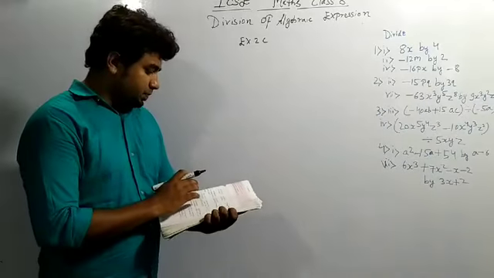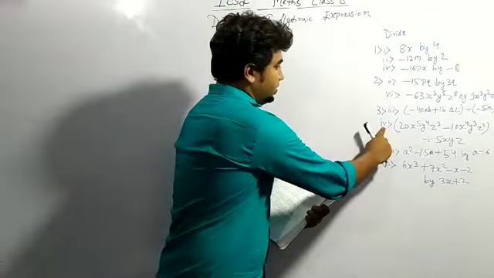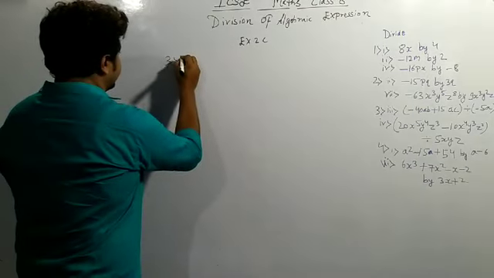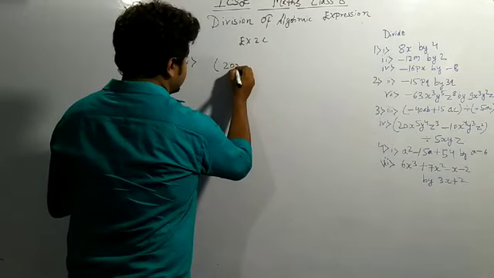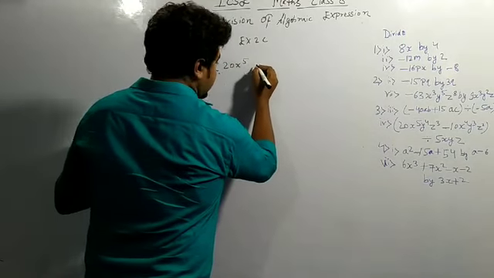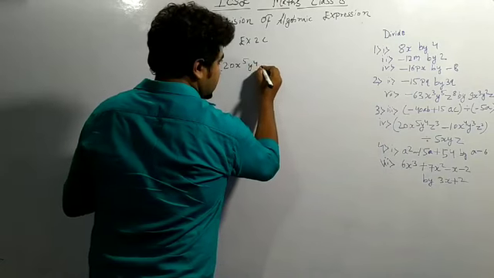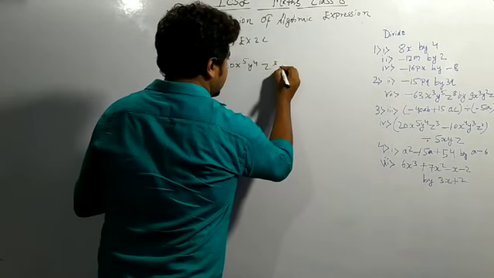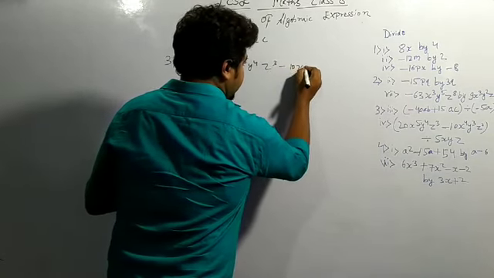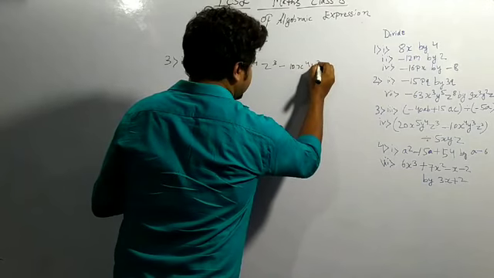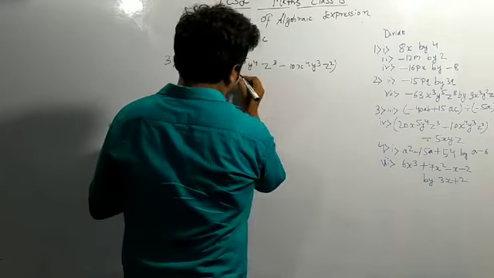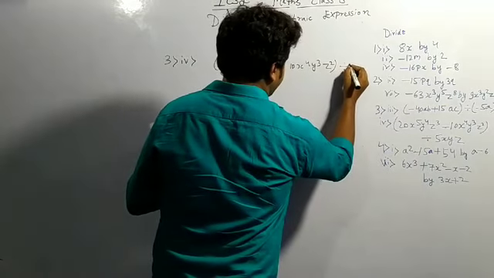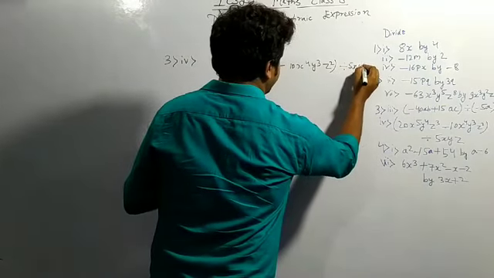Okay. So now we'll be solving question number 3 bit 4. So 3 bit 4, it is given 20x5 y4 z cube minus 10x4 y cube z square divided by, I am writing here, 5xyz.